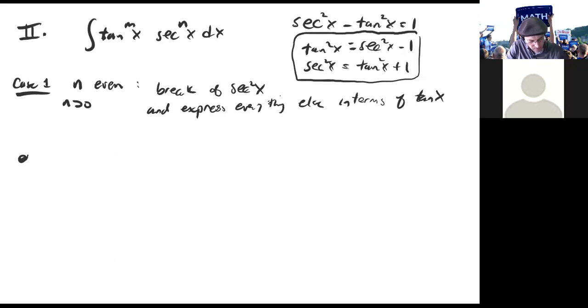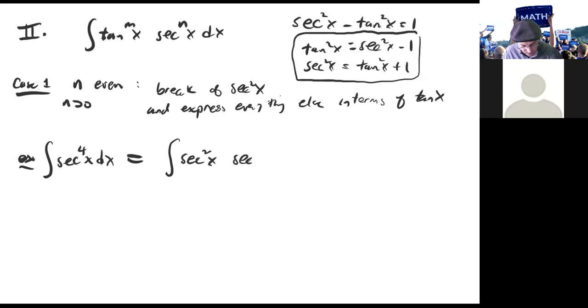So here's an example. The integral of secant of x to the power of 4. According to this recipe, we break off a power of secant squared. So secant to the fourth is secant squared times secant squared x dx.